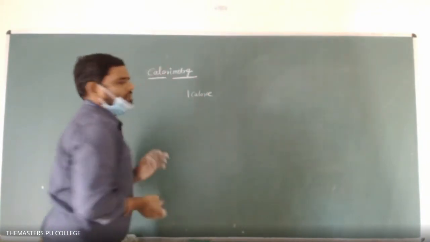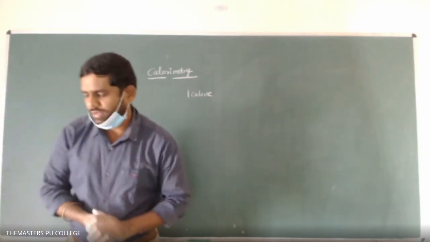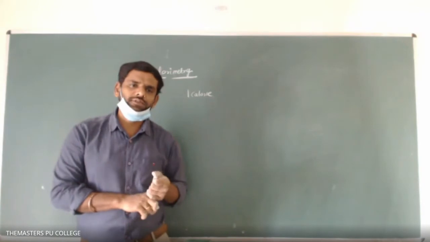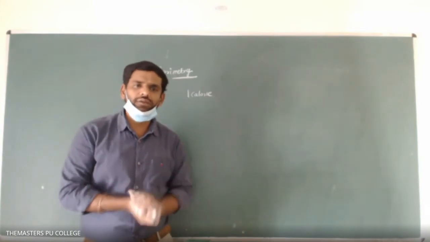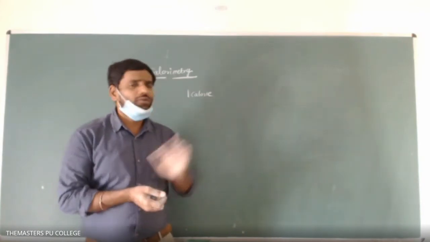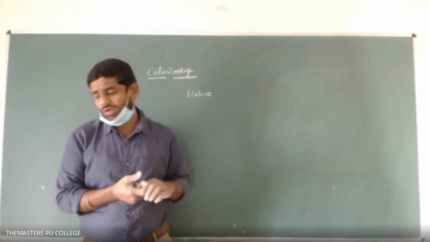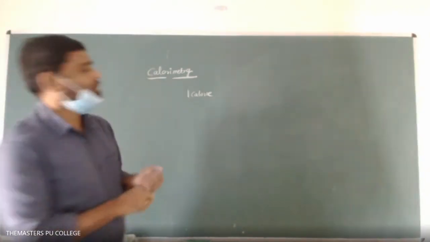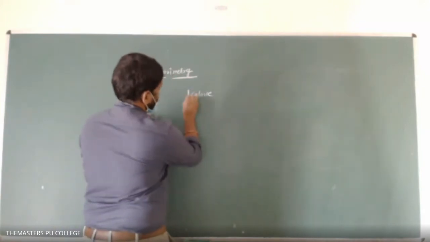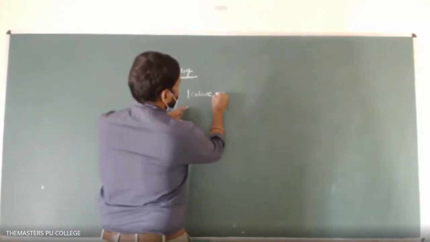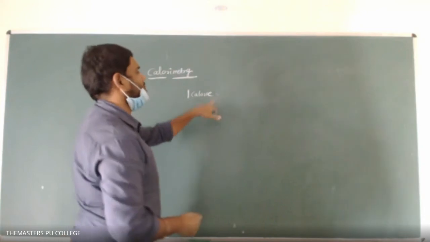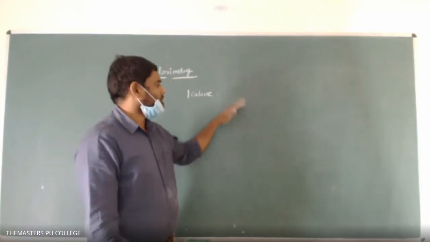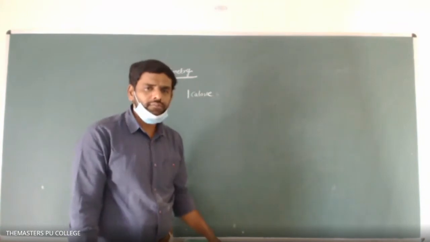So how can we define 1 calorie? Yesterday we discussed that heat can also be measured in calories. 1 calorie is equal to 4.2 joules. 1 calorie is the heat required to raise 1 gram of water's temperature by 1 degree.